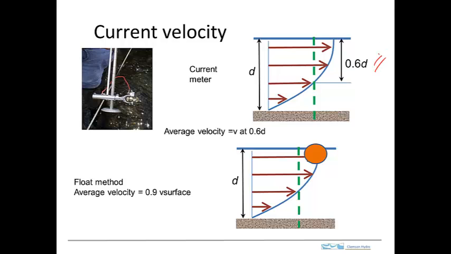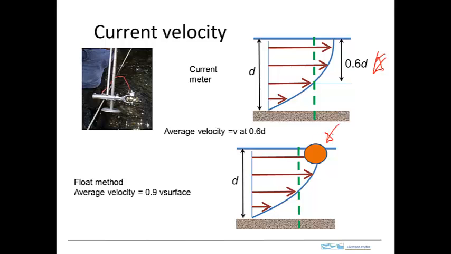So here's what I just described. In some cases, though, you can't really use a current meter. Maybe you don't have the current meter, or the water depth might be really too shallow to use. If that's the case, then what you can do is measure the velocity of the water surface. You do this by measuring the velocity of something that's floating on the surface of the water.